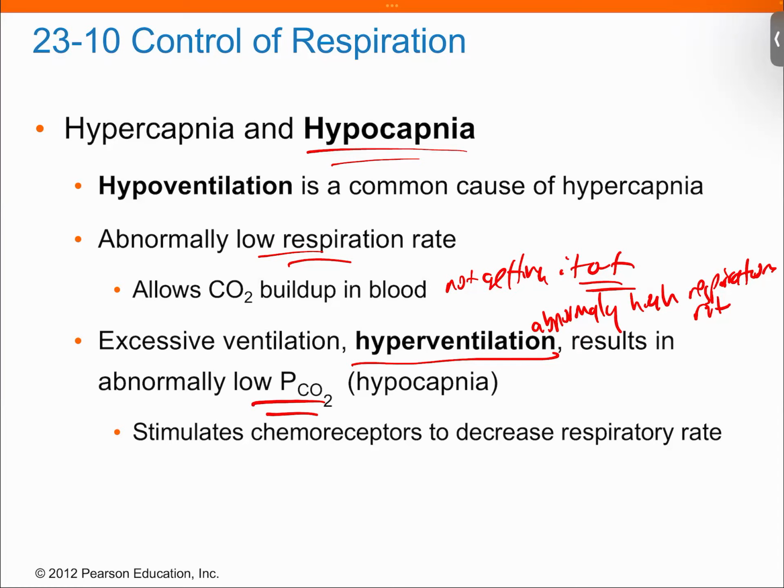And so your chemoreceptor is going to pick this up, and then it's going to send that message to your respiratory centers to slow it down. It's like, okay, whoa, slow down, because you're getting a little crazy here, right? So you don't want to be hypo or hyper. You want to be in your homeostatic norm for CO2.